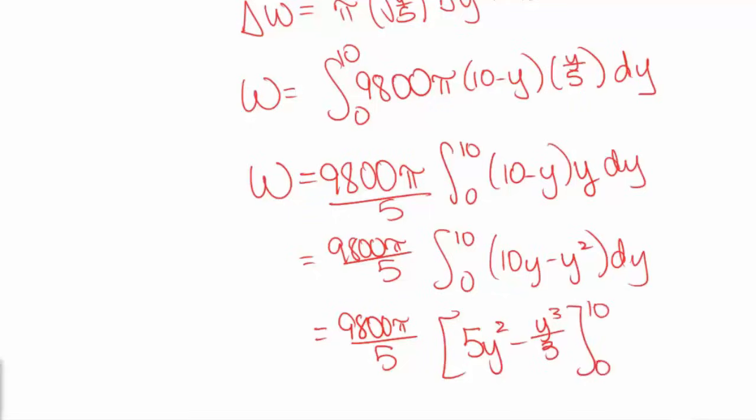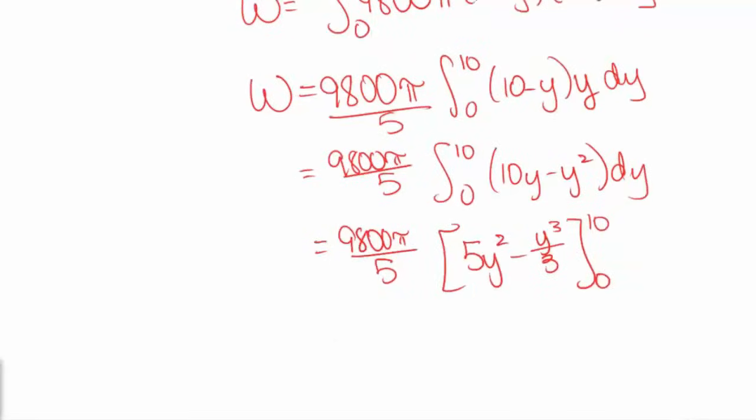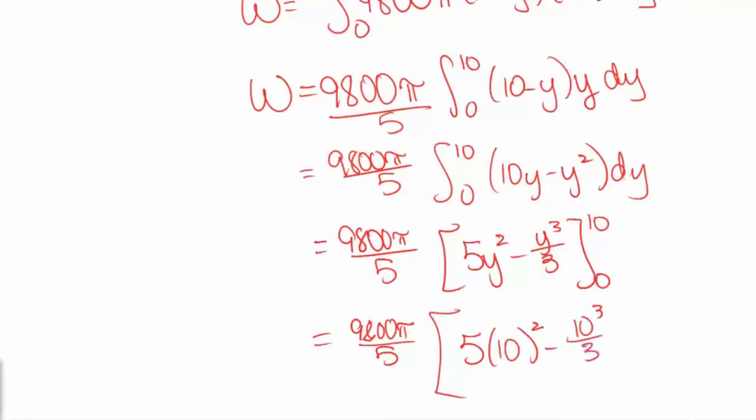When I plug in, I've got to remember that these constants get distributed to all of it, so I need some big parentheses. 5 times 10 squared minus 10 cubed over 3, minus, when I plug in 0, I'm going to get 0. So there we are. That's our work.